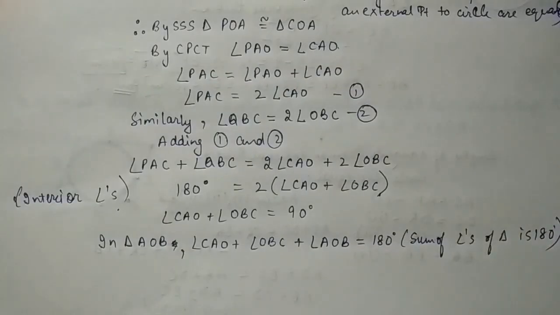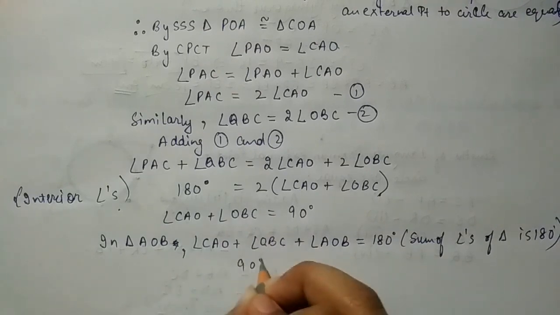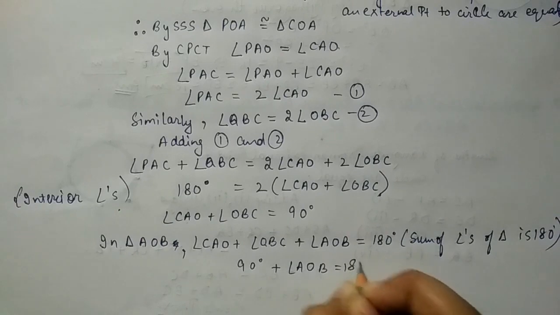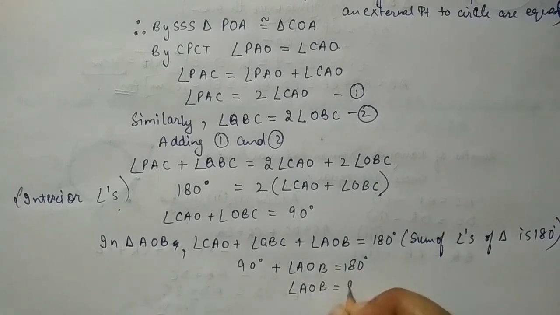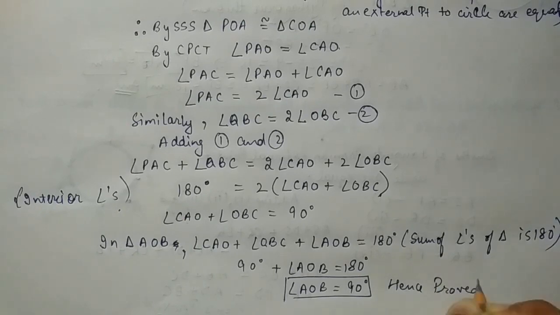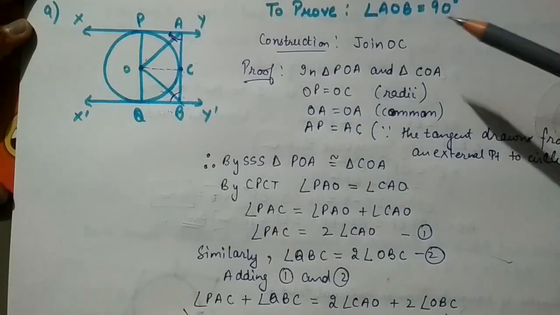So this is the reason. So CAO plus OBC is 90 degree plus AOB is equal to 180 degree. So from here what you get, angle AOB is equal to 90 degree, and that is what you need to prove. So this is hence proved that angle AOB is 90 degree.